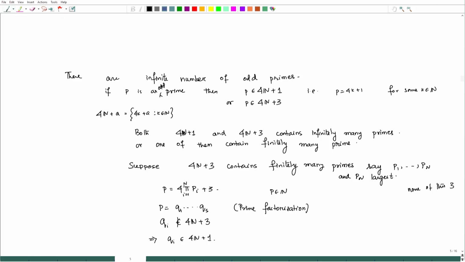Now, you take two elements from 4n plus 1. So, let us say qi is equal to 4ki plus 1 for i equal to 1 and 2, for some ki belonging to the naturals. Then q1 q2 is going to be 16 k1 k2 plus 4 k1 plus 4 k2 plus 1.